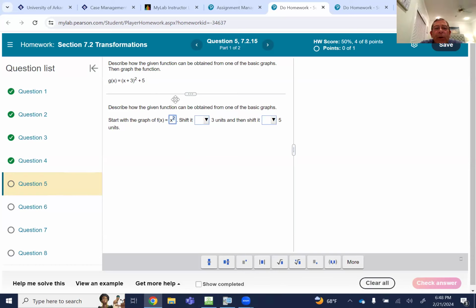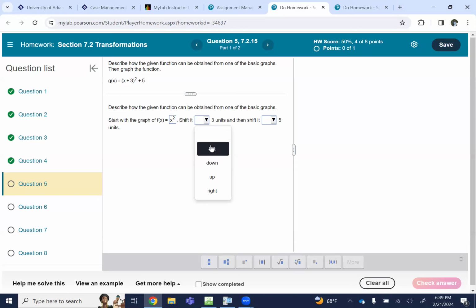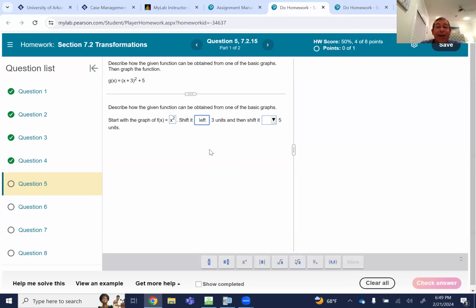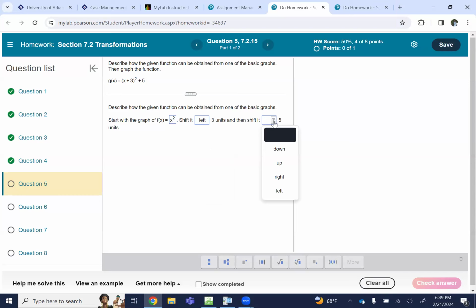That 3 is in there with that x. So they want me to figure out what I'm going to do 3 units. Am I going to go left 3 units, down, up, or right? Left. Oh, perfect, left. Good job. And then at the end, it's got the 5. That plus 5, is it down, up, right, or left? Up, there you go.